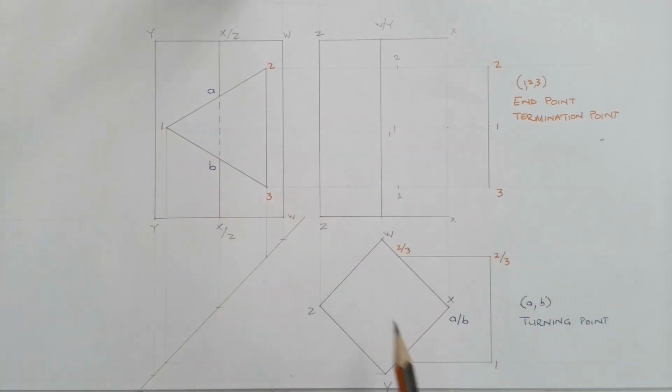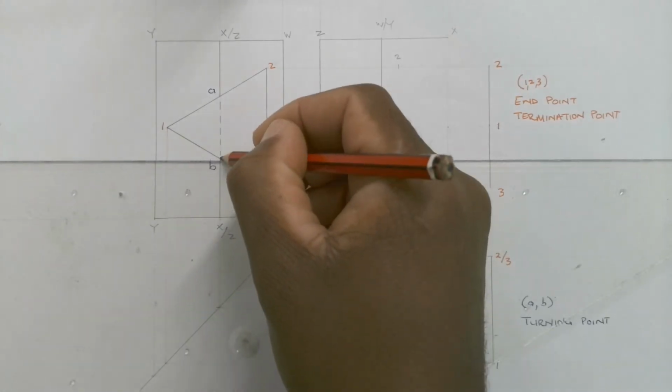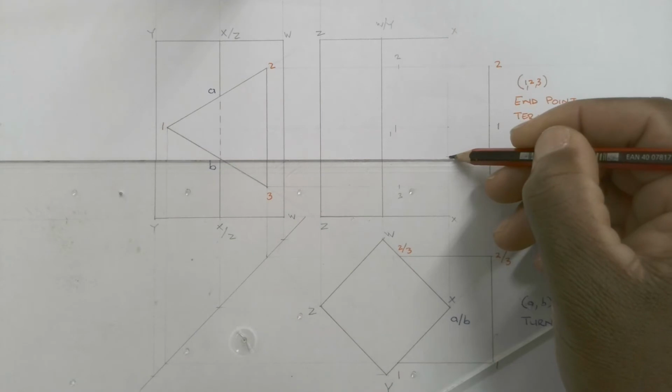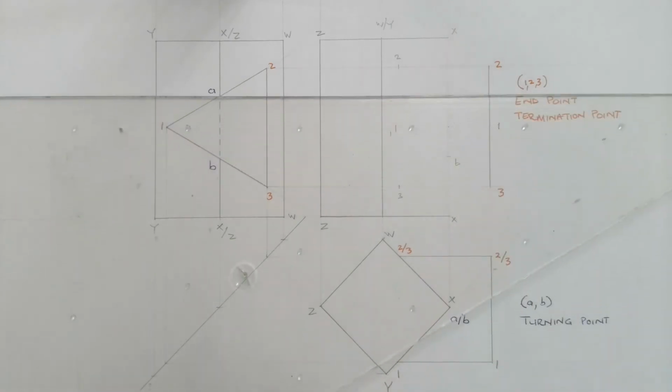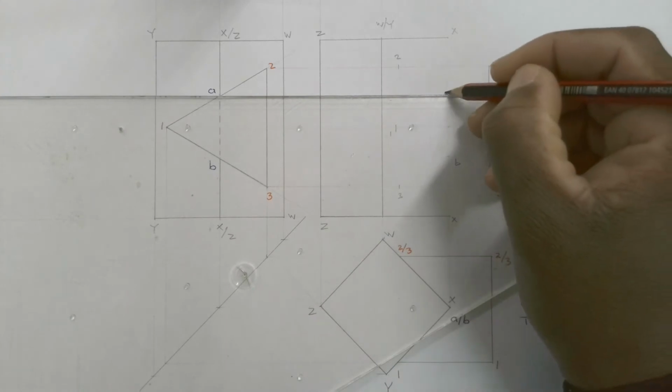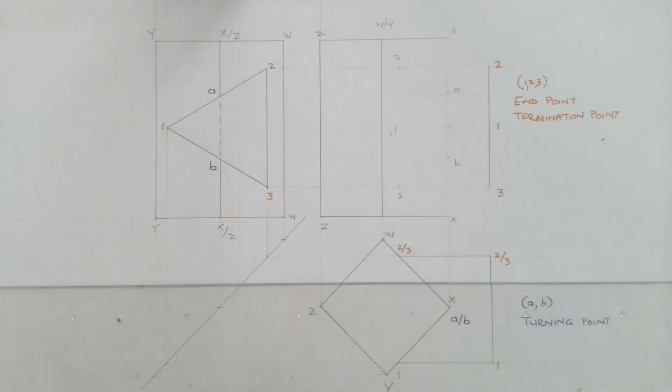So what I will do then, I will need to project from B, it goes to X. This is point B. From A, it goes to line X. So this is A. Now, we have done all these points, turning points and end points.